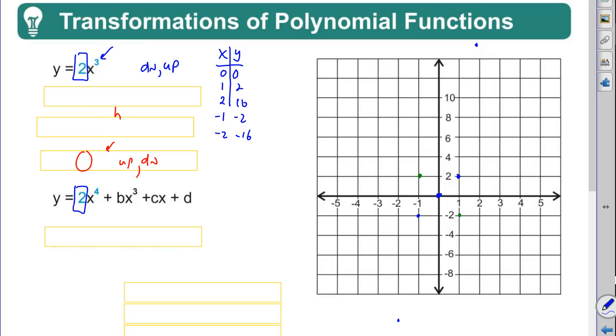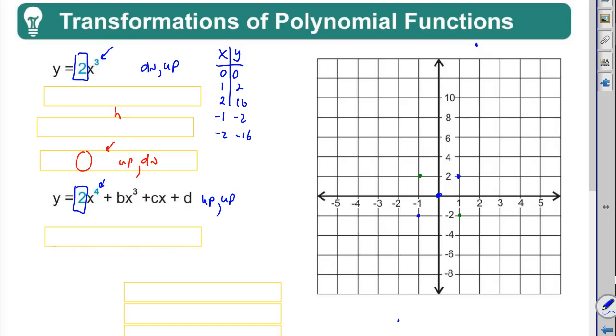Okay, so again, because this is positive, this thing is going to end up heading up. However, because now the exponent is even, it's going to start and finish the same way, so therefore it must start up. So this is going to come heading up and end up heading up. I also know there's up to 4 different directions, but there may only be 1 or 2.